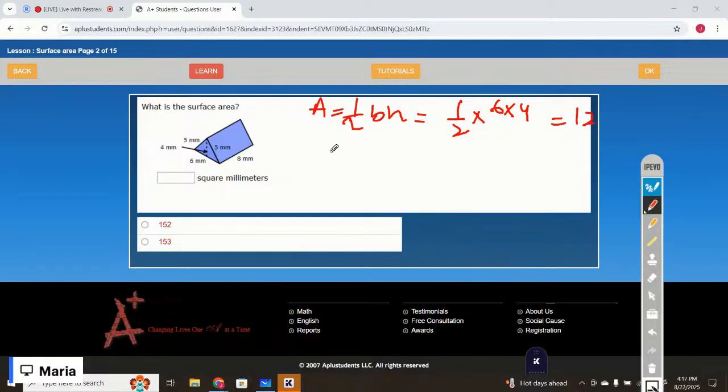Now the area of this face and this face have the same area, 40.